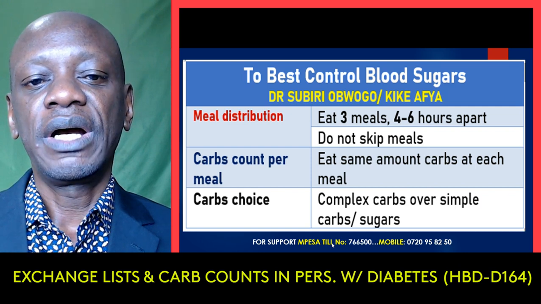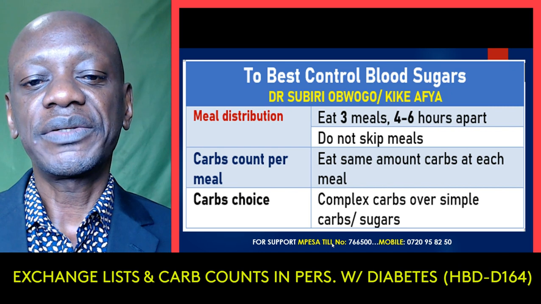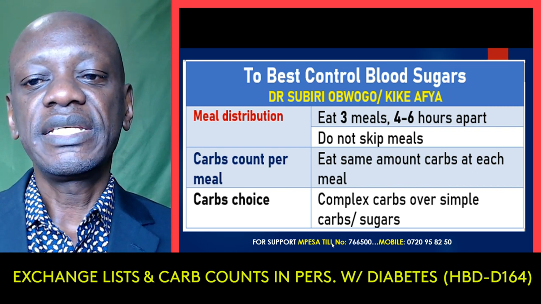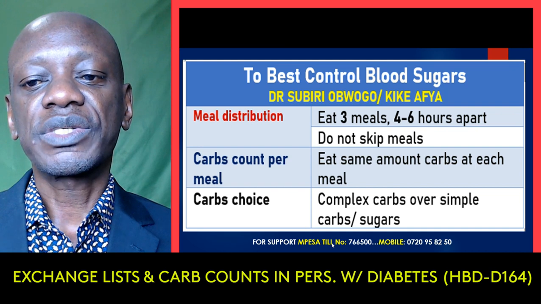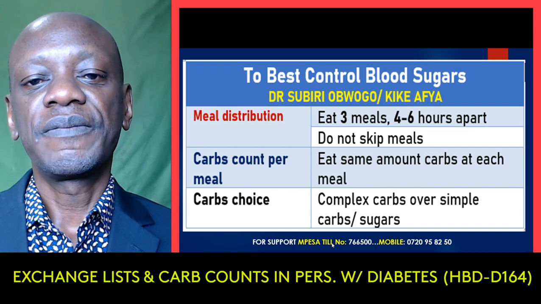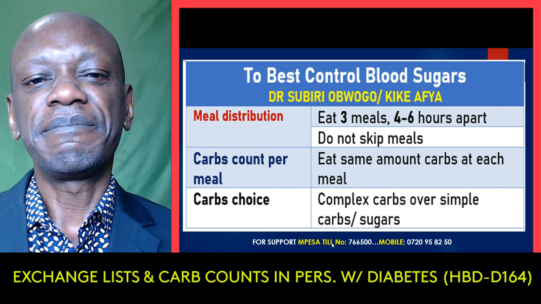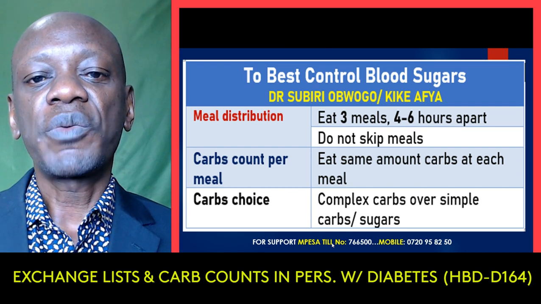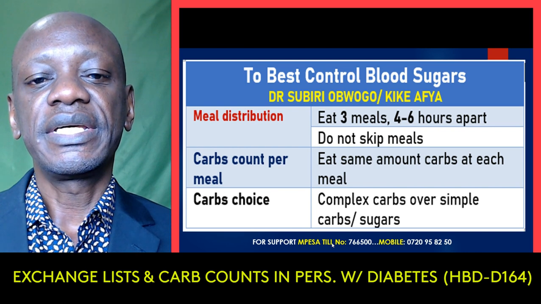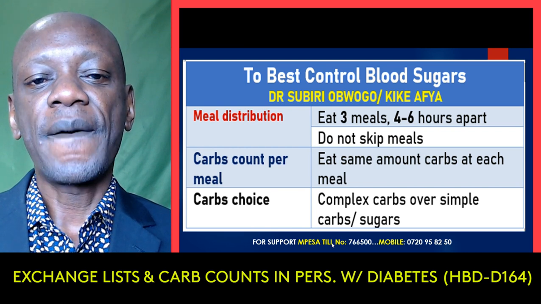I won't get into the details of how to determine calories, but we'll discuss that in subsequent episodes. The second thing is to ensure that those calories are distributed throughout the day. That means eating 3 meals 4 to 6 hours apart, and do not skip a meal. You can also incorporate snacks in between as long as it's within the calorie requirement for the day.